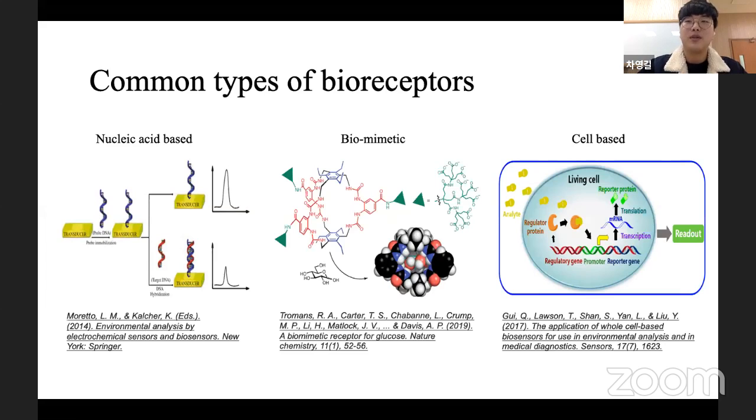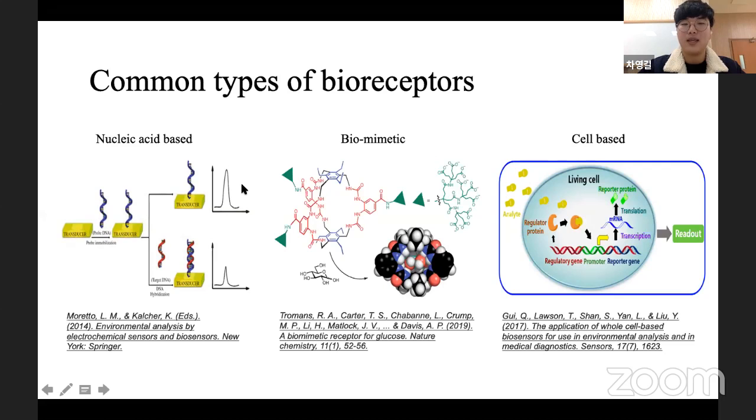And the other bioreceptors are nucleic acid-based, biomimetic, and cell-based. The nucleic acid-based receptors can be either based on complementary base pairing interaction, referred to as genosensors, like this, or specific nucleic acid-based antibody mimics.